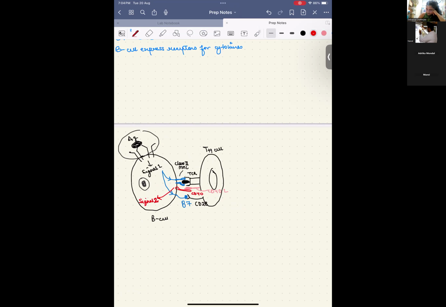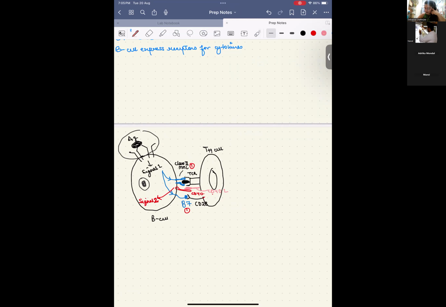So MHC comes first. We also have the B7 coming at the same time. When these interactions happen, this is followed by the interaction of CD40 and CD40L. CD40-CD40L interaction sends back signal 2.